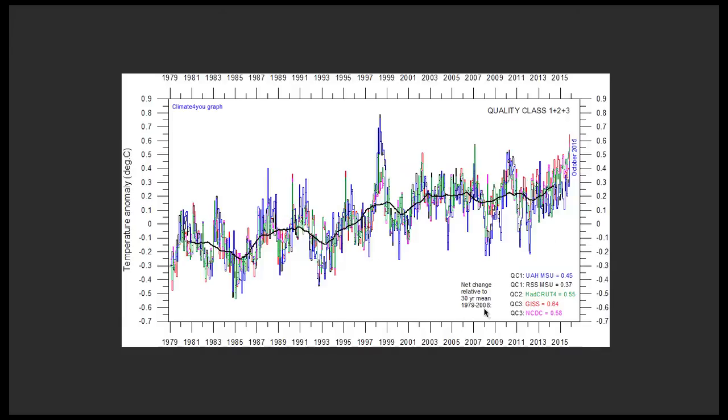In this period, 1979 to 2008, the satellite record found a temperature anomaly of 0.45 or 0.37 degrees Celsius, whereas the less reliable HADCRIT found a 0.55 degrees Celsius temperature anomaly, and GISS and NCDC found 0.64 and 0.58 degrees Celsius temperature anomaly, respectively. That means, essentially, that the satellite record is diverging from the surface air temperature estimate record, and the satellite record is showing less warming than the less reliable surface air temperature record.